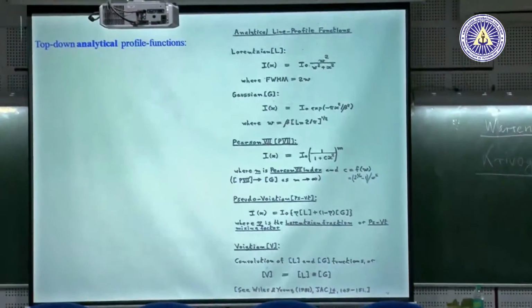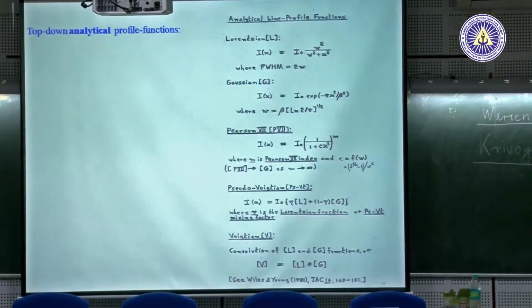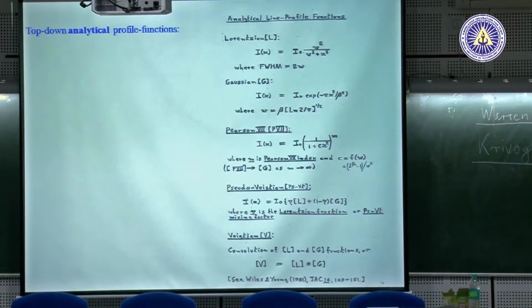These are, I come back for a moment to the top-down method, okay? These are the analytical functions which are used in what? In the Rietveld method, okay? The easiest is the pseudo-Voigt, the pseudo-Voigtian.